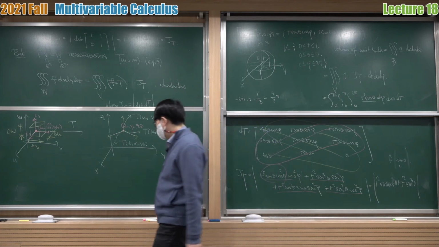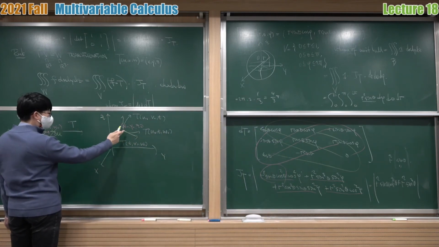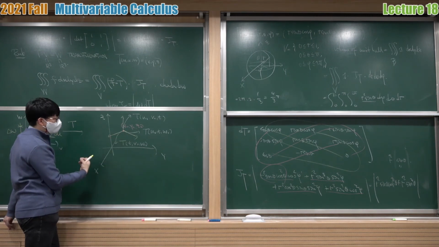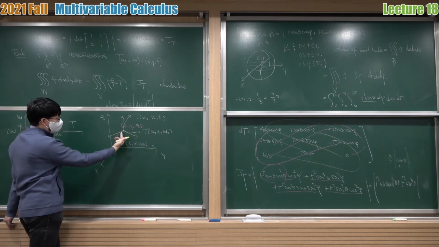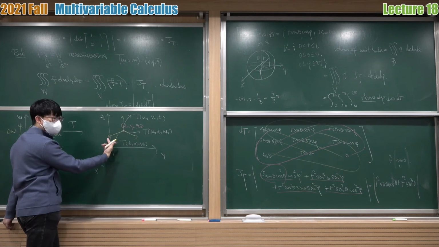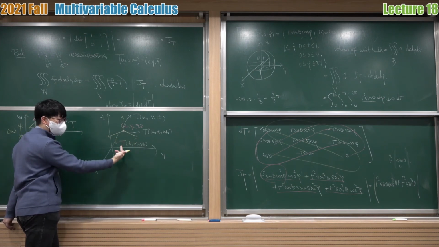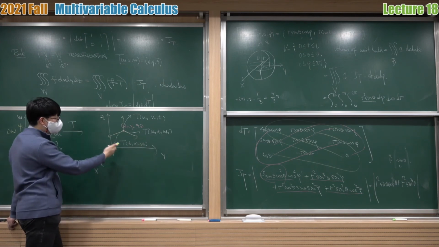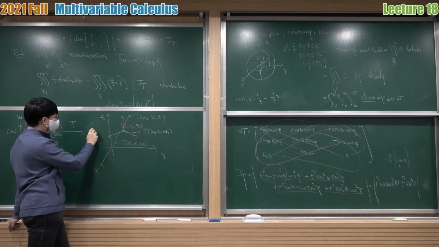Okay, so let's think about this vector. So what is this vector? I'm taking a derivative in t of this coordinate function. I mean the parameterized curve, right? So this is the derivative at t equals 0.